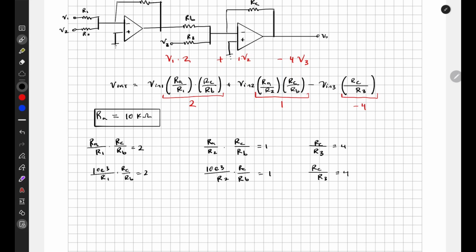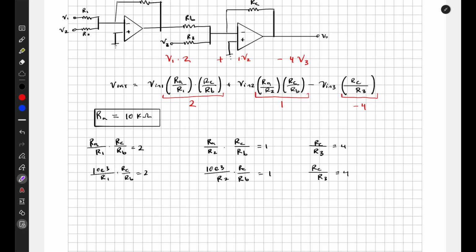So now we have three equations here, and we still need to achieve more simplification. What's really interesting is that RC is present in all three equations. That's a little bit interesting, because if we ignore RC, we can see what else there is to eliminate.